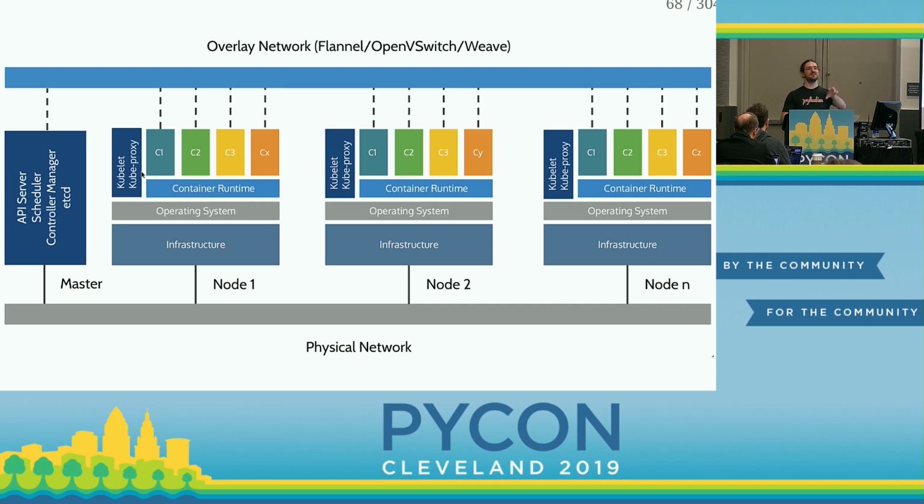Please run this and this and this container. And then kubelet will start these containers and monitor them and continuously update the control plane with the status of these containers. So when you read about kubelet, that's the little agent that sits on each node and keeps the node in the cluster. There is also kubeproxy, which is one part of the network story, and I will tell more about that in a bit.